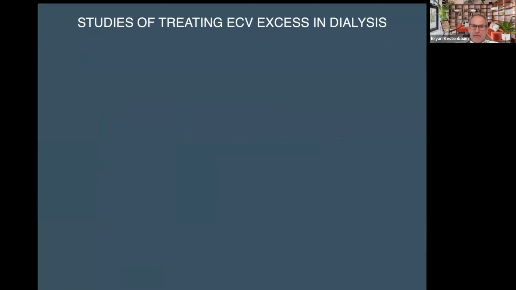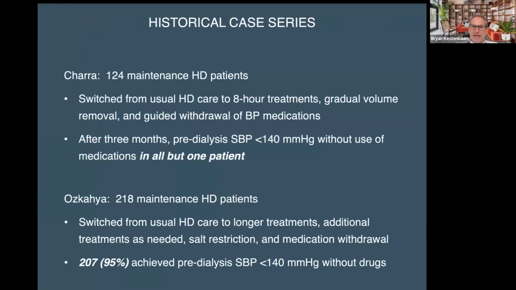Okay, so what about studies to get rid of extracellular volume excess in dialysis? The initial studies are case series from the 1970s and 1980s. These series basically took patients who were getting usual thrice weekly hemodialysis care to much longer treatments.